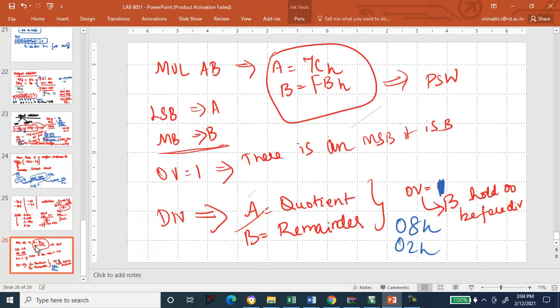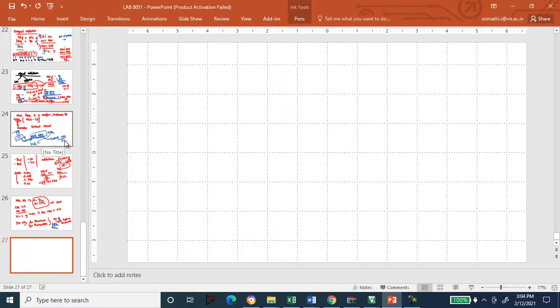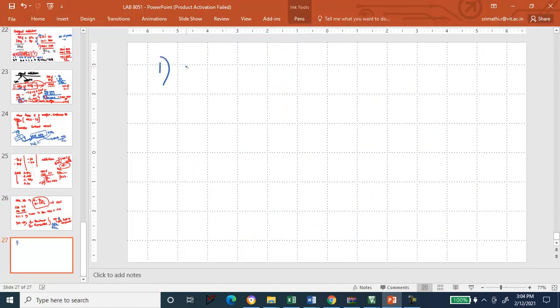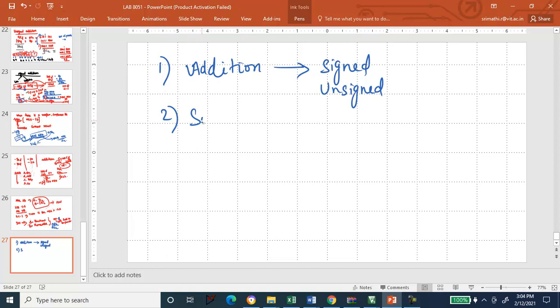So what you have to do is program addition, I am talking about 8-bit numbers, for signed and unsigned, and subtraction again for signed and unsigned. I have given the data for addition.